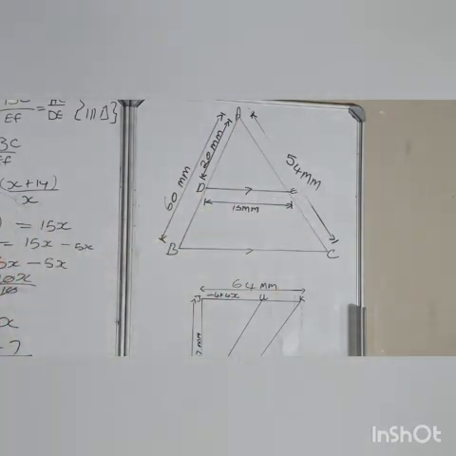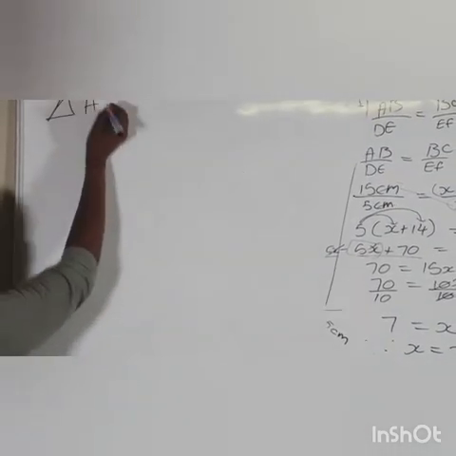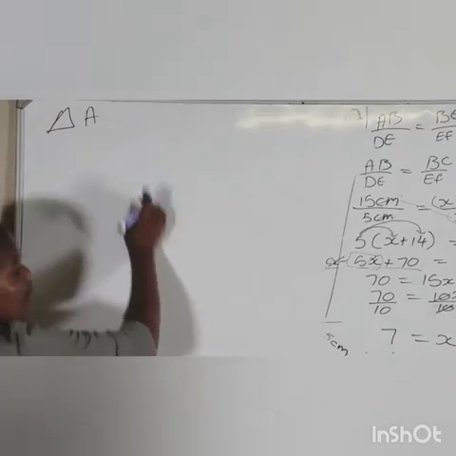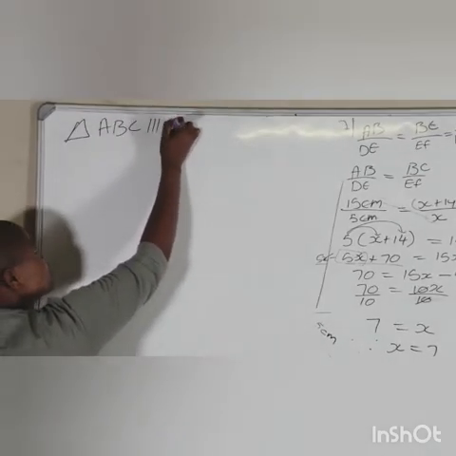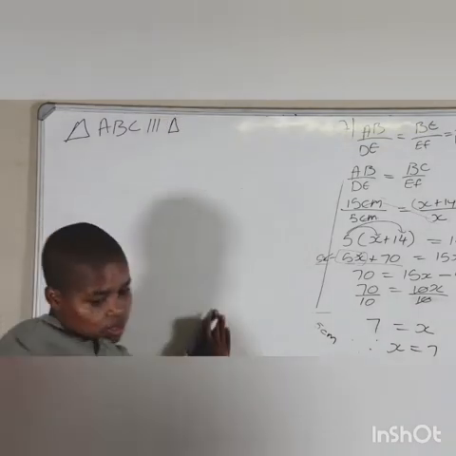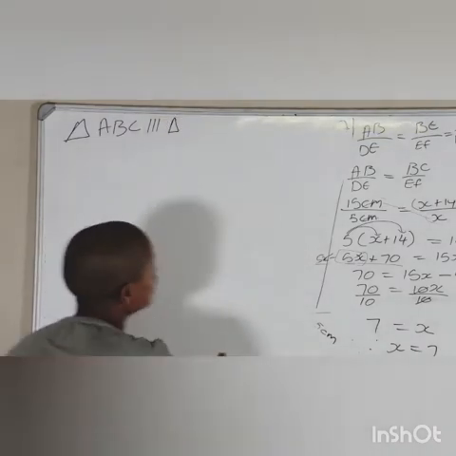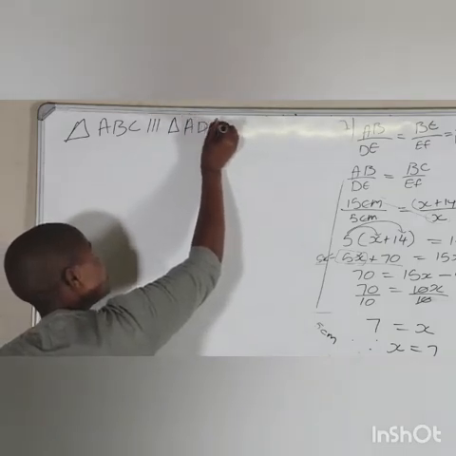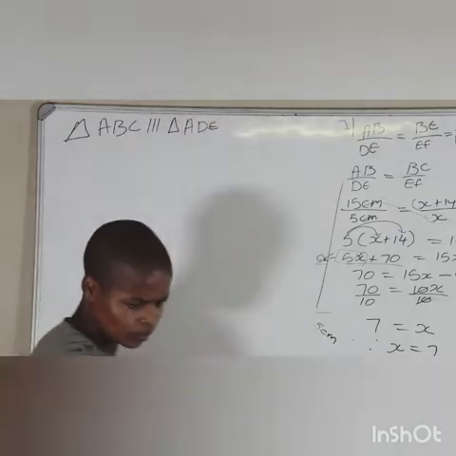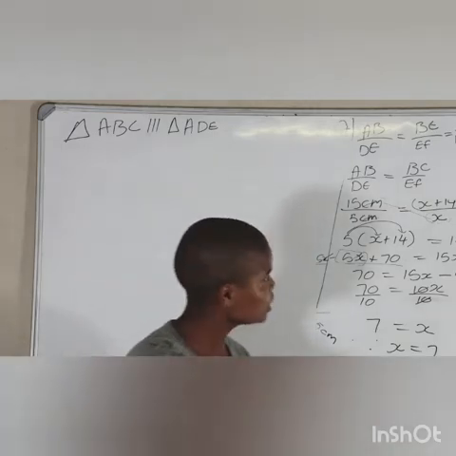So I'm just going to write the order there. I love the order because it always helps us. So we are proving similarity of triangle ABC similar to triangle ADE.